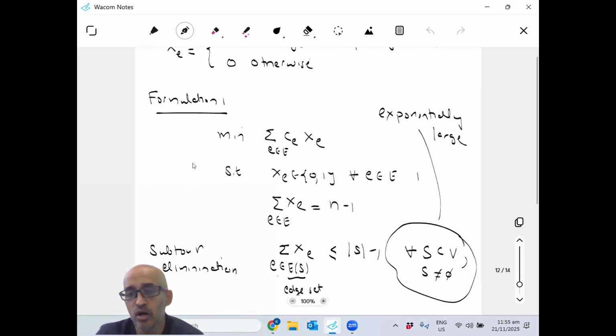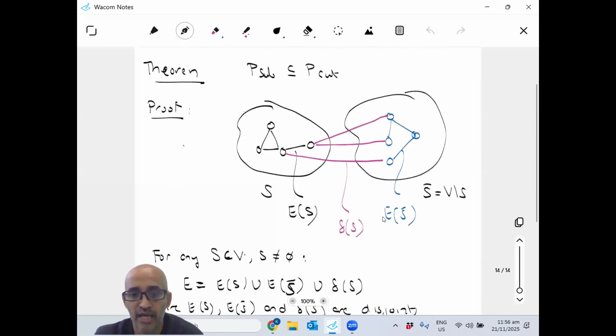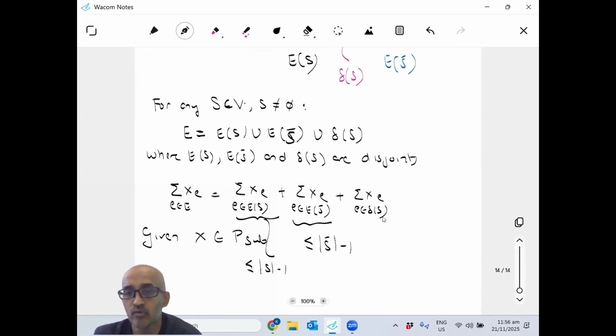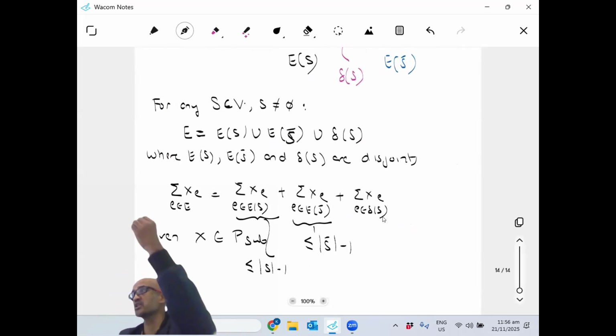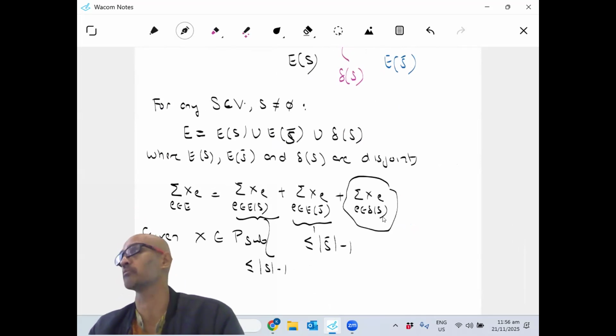I know something about how the x's look for E of S. Because this is a point in the set for the LP relaxation, these constraints have to be satisfied. So I know that this part is less than or equal to |S| minus 1, and this part has to be less than or equal to |S bar| minus 1. Because the point in that set has to satisfy this. So I have to tell you something about what will happen to this one.